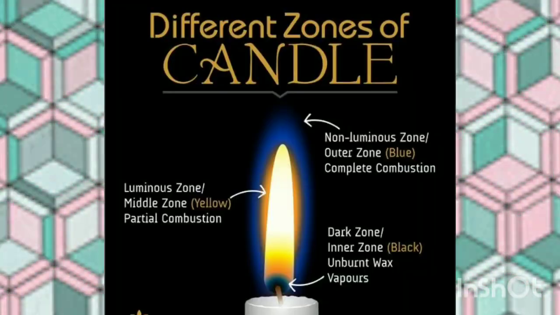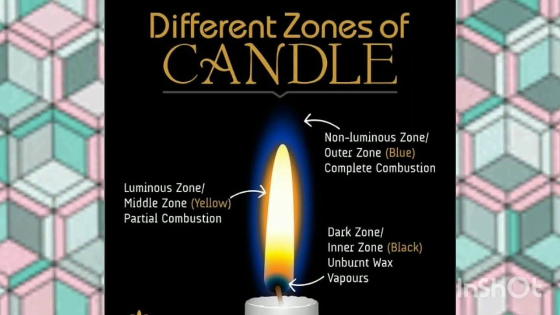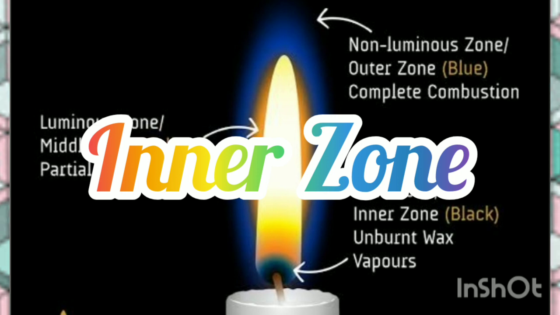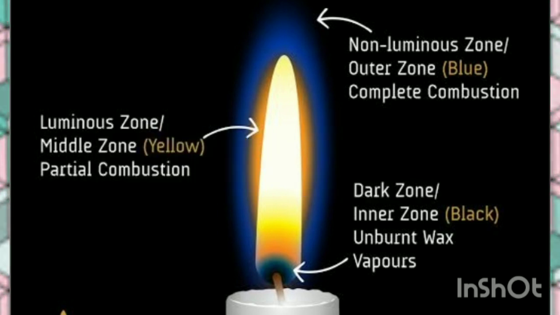What are the different zones of a candle flame? The outer zone, the middle zone and the inner zone. So a candle flame consists of three zones. The outer zone, otherwise called the blue zone, the middle zone is called the yellow zone, and the inner zone is called the black zone.